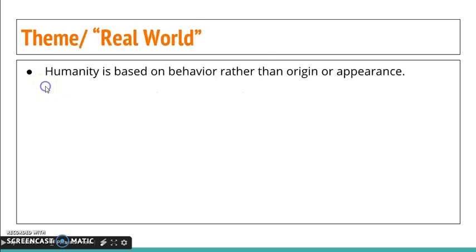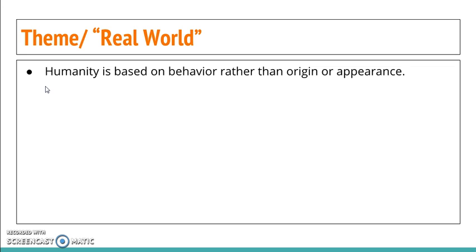Now on to the real world or theme. So in this example, it could be something along the lines of humanity is based on behavior rather than origin or appearance. If you remember the main points, they included the speech, so something he does, that would go under behavior, and the conscience, so his ability to reason and his ability to decide what is right and what is wrong.